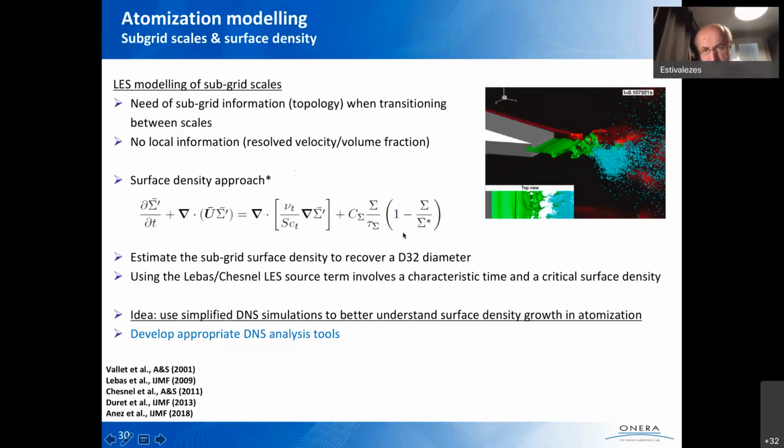And in order to give the model, by extracting information from DNS, a good representation of this term. Okay. So some work is also done on this in Rouen, in France, at CORIA, with the team of Le Baye-Chenel.